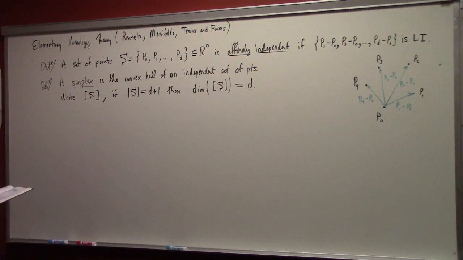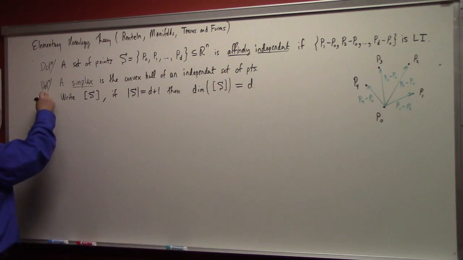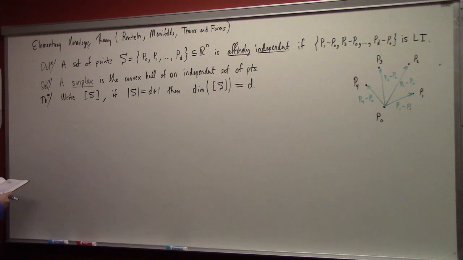So if you have 3 points, the convex hull that you generate from 3 points is two-dimensional. Great. Is that a theorem? Yeah, it's a theorem, and a definition of notation all at once. Sorry, I still did the notation wrong. It's fine, I'll get it eventually.